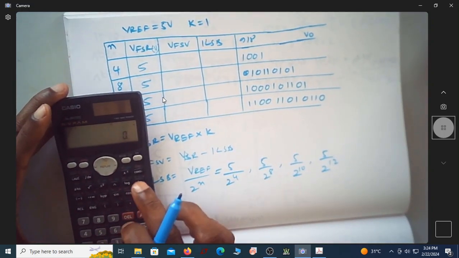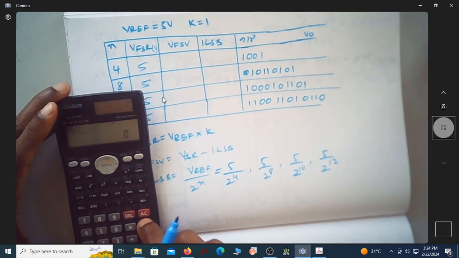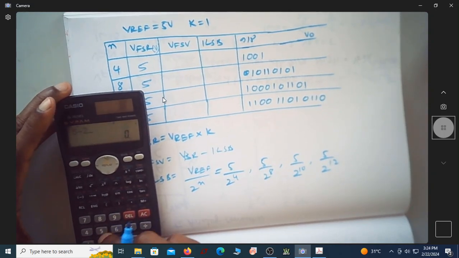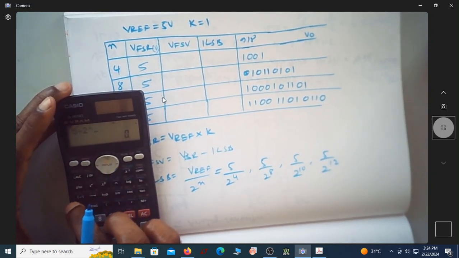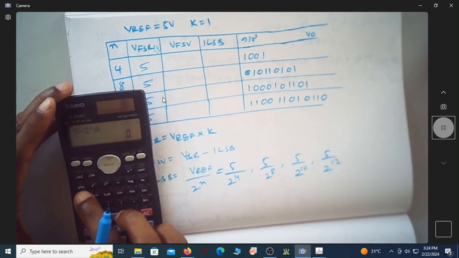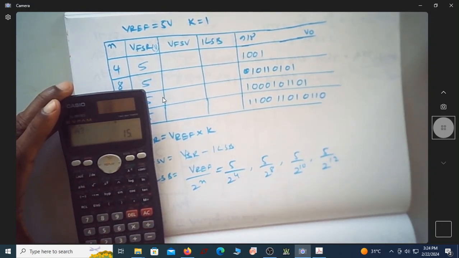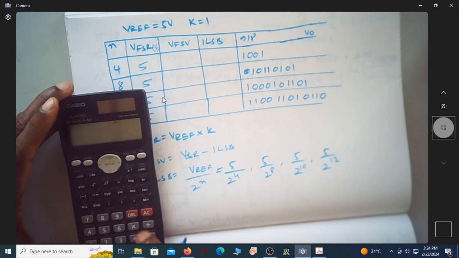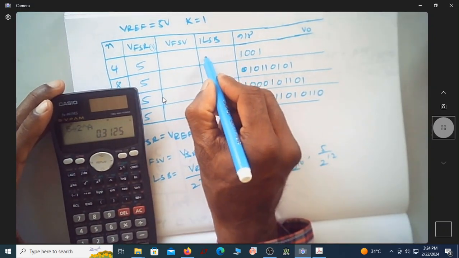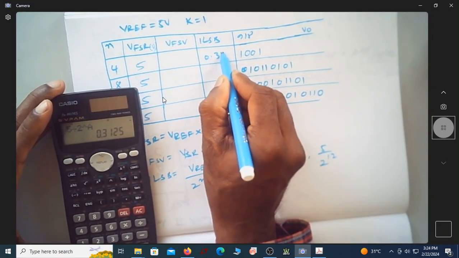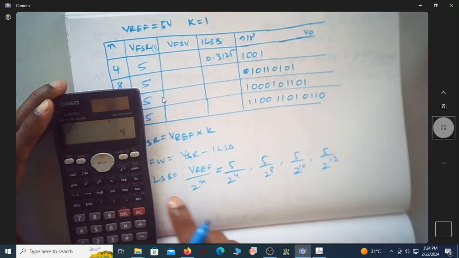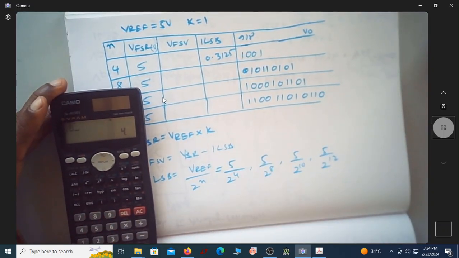So let me do that. Let me write it as 5 divided by 2 to the power alpha. Let me just keep giving the value of alpha. If alpha is equal to 4, then I will write it as 0.3125 volt. Now I'll substitute alpha as 8.